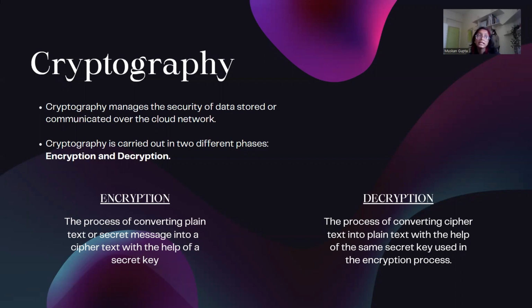Cryptography is carried out in two different phases, that is encryption and decryption. Encryption is the process of converting plain text or secret messages into ciphertext with the help of a secret key. Whereas decryption is the process of converting ciphertext into plain text with the help of the same key used in the encryption process.